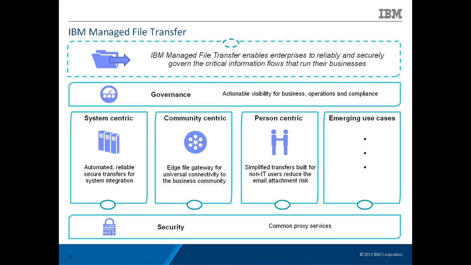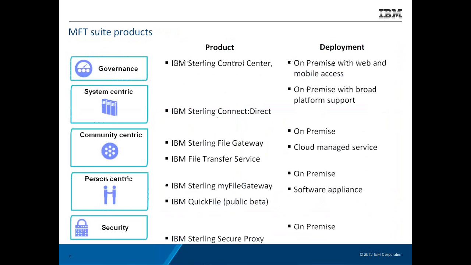That's the foundation on which we actually build various capabilities of data transfers across the enterprise. What are the products that are part of this suite, delivering the governance and various data movements and security?